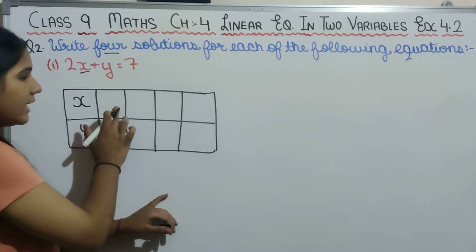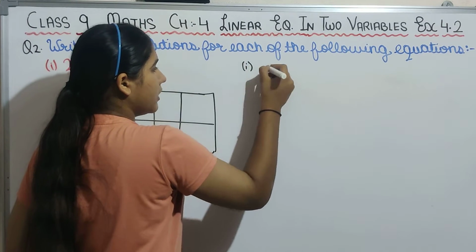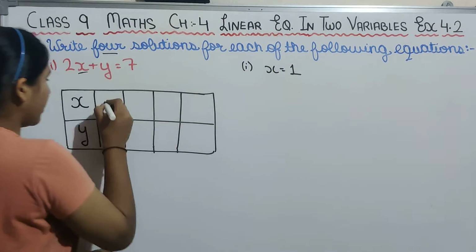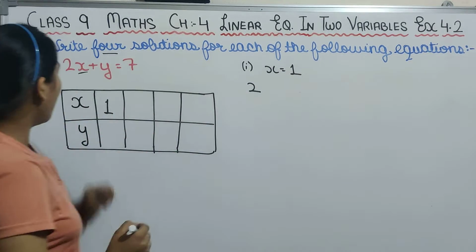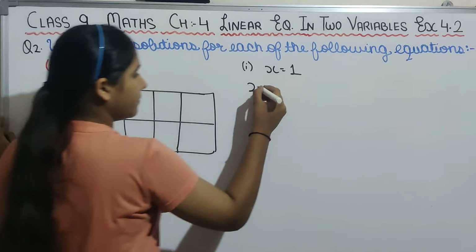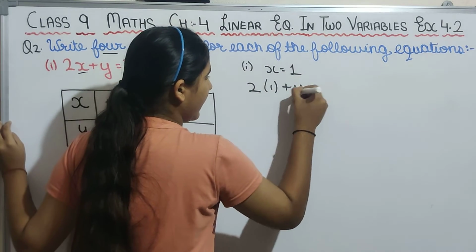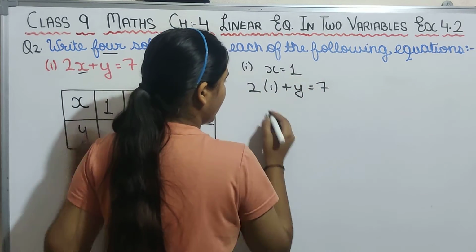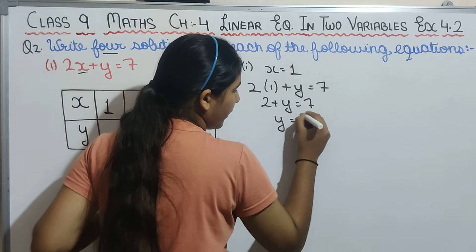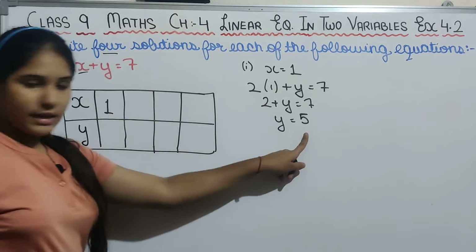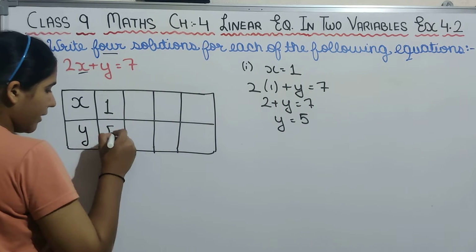Let's take x is equal to 1. Instead of x we just put 1: 2 into 1 plus y is equal to 7. 2 ones are 2, plus y is equal to 7, and y will be 5. So if x is 1, y will be 5.